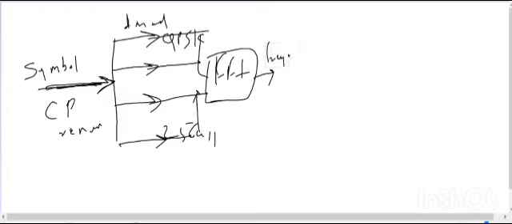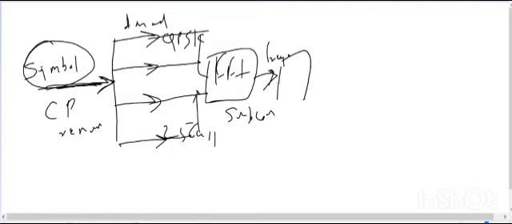As this is in the frequency domain, these are the subcarriers. Symbols get converted into the subcarrier domain, and subcarrier is nothing but the frequency. We apply the FFT as we applied it here.